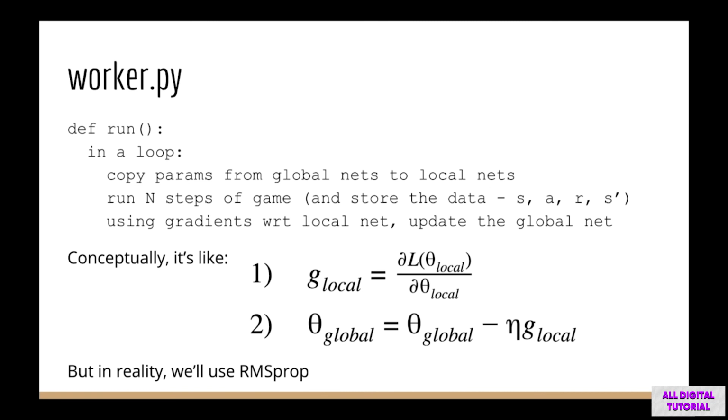Now, of course, in TensorFlow, it's not going to look exactly like this because we don't actually explicitly write out the gradient descent update. Instead, we'll be using an adaptive training algorithm such as RMSprop, and our actual goal will be to figure out what is the correct TensorFlow function to apply this sort of mixed update where the gradient used to update the weights of one network actually comes from the loss of another network.